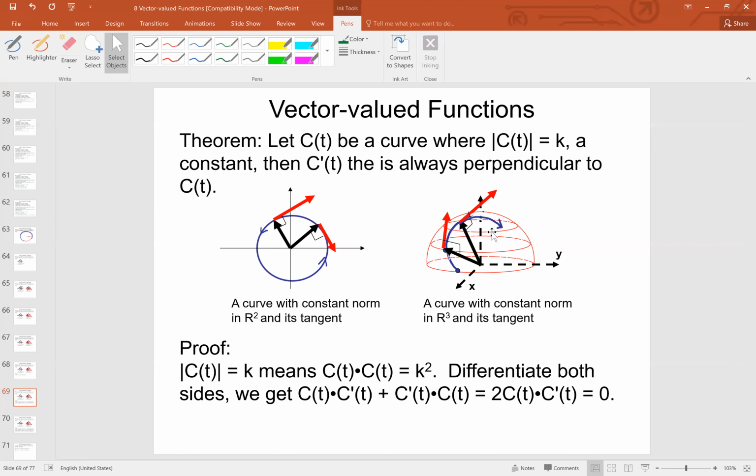It doesn't matter which way it heads. That heading is perpendicular to the point on the curve. Yeah, that's it.